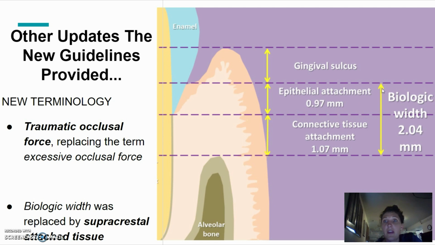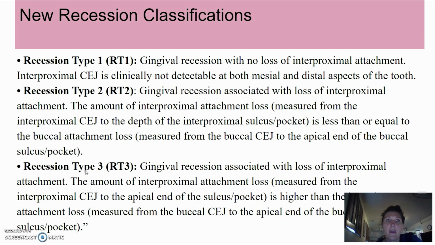Biological width is from the top of the bone to the epithelial attachment. And then they also gave us new recession classifications: recession type 1, 2, and 3. Type 1 is no loss of interproximal attachment; interproximal CEJ is clinically not detectable. Recession type 2 is recession associated with loss of interproximal attachment.